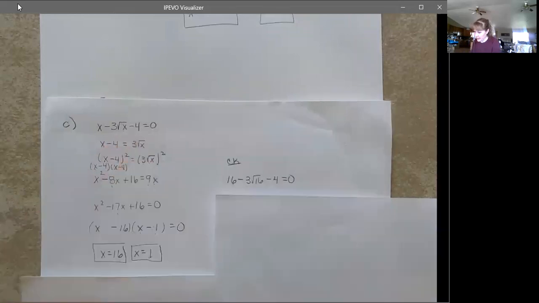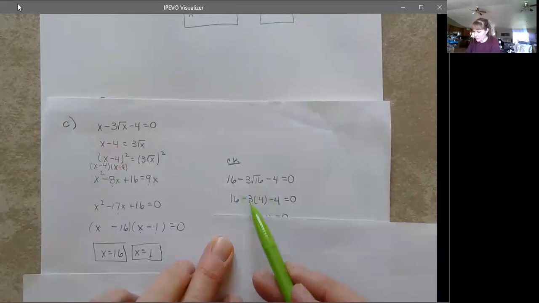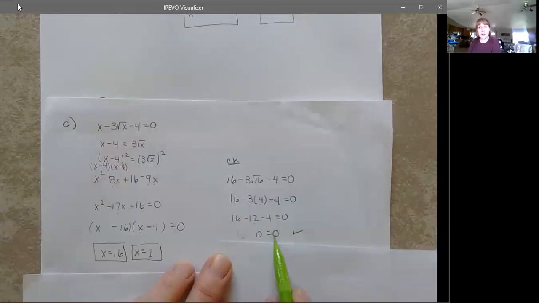And simplifying that, the square root of 16 is 4. Multiply before you add or subtract. 0 equals 0. 16 checks. It's good to go.